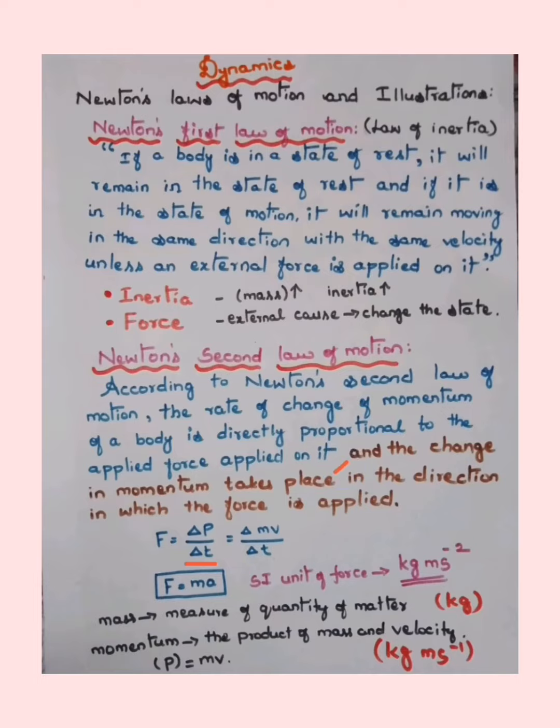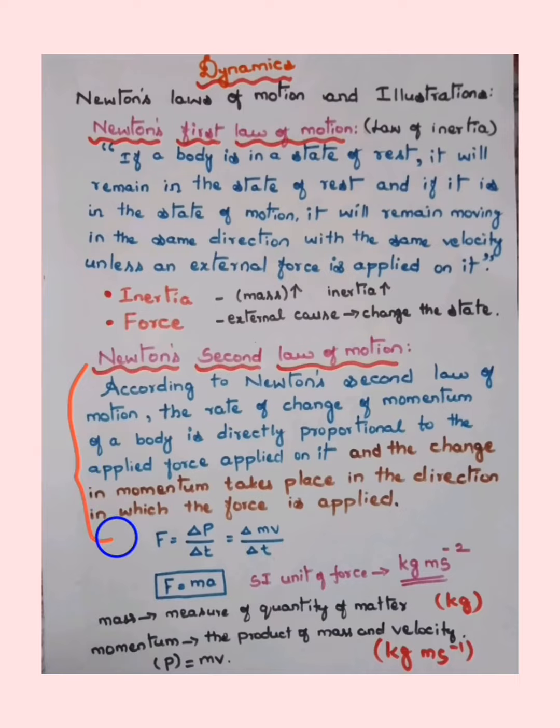Now, the change in momentum takes place in the direction in which the force is applied. Suppose you are applying force in this direction, the change in momentum also takes place in the same direction. Remember this. Hence, guess whether momentum is a scalar or a vector quantity. Obviously, it's a vector, it possesses a particular direction.